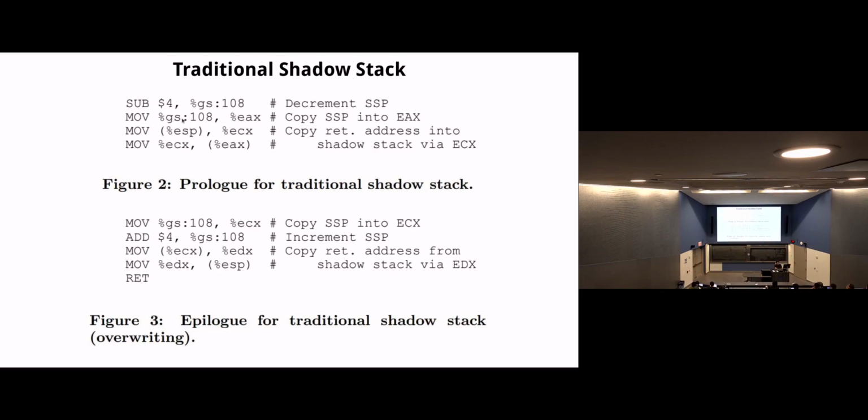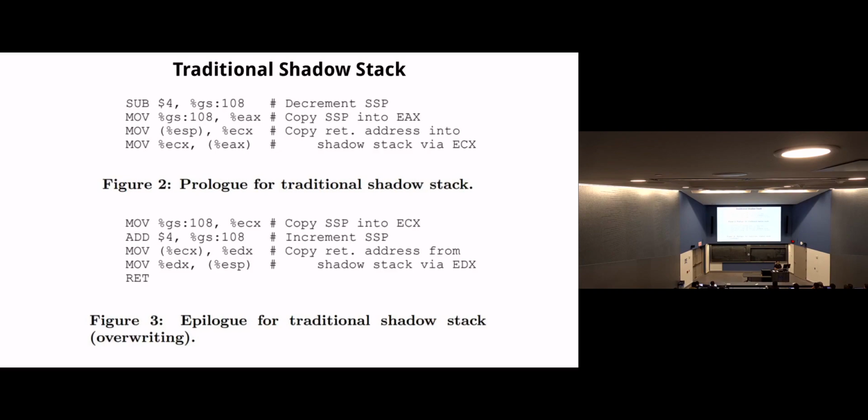Then we move that to the register EAX. Then we move what ESP points to into ECX. This is the function's prologue, at the beginning of every function. At the beginning of the function, what does ESP point to? ESP points to the return address, right? At that point, we haven't set up EBP for the current function yet.